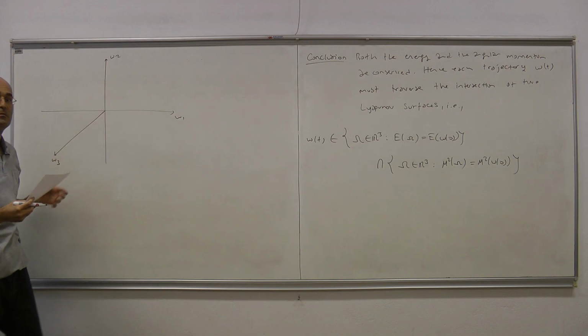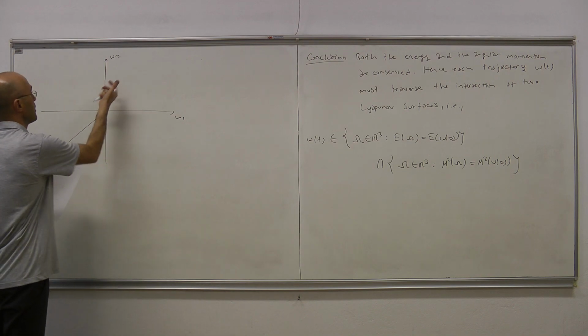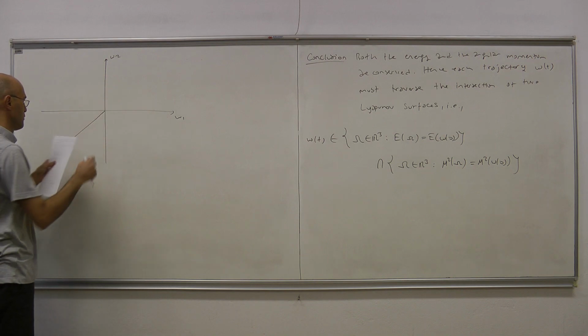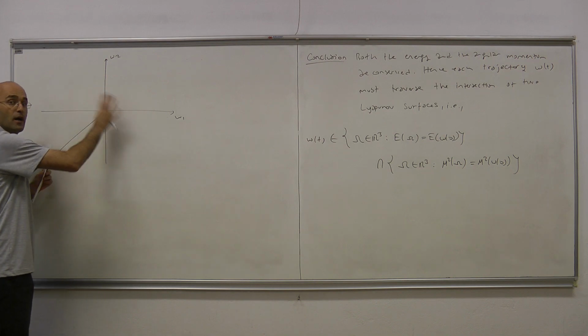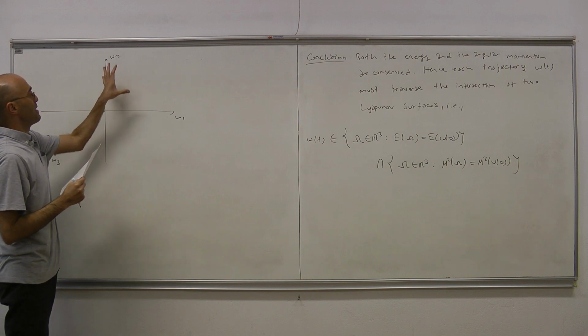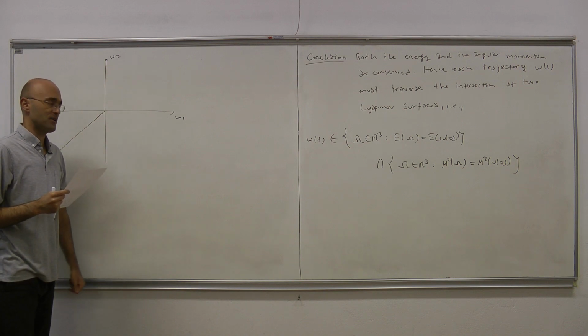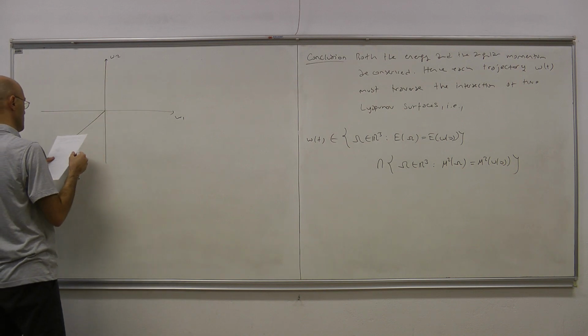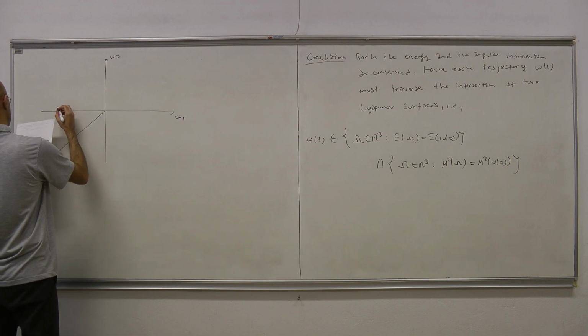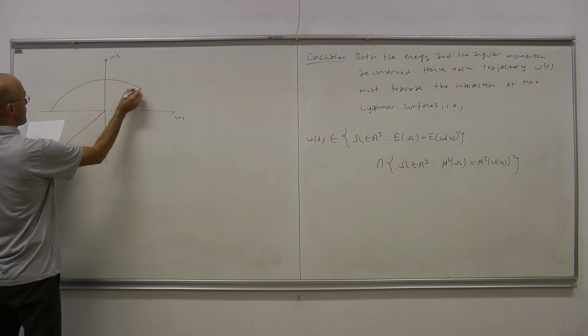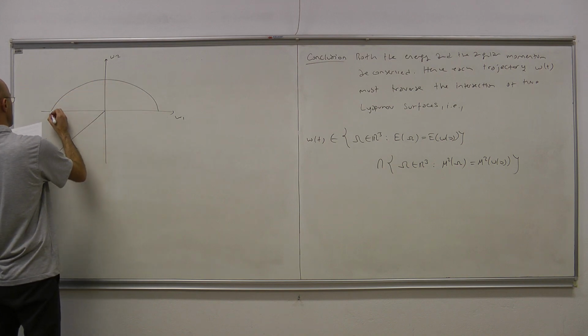Suppose that this is our three-dimensional state space, omega 1, omega 2, and this is omega 3. This omega 3 is perpendicular to the plane spanned by the omega 1 and omega 2 axes. Here this is the origin. And then we have the American football. Something like this, let's say.